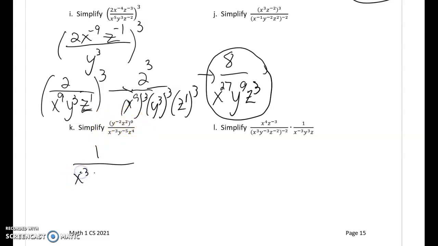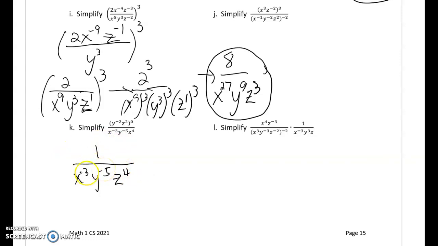So I'm just going to rewrite what's in the denominator. That zero exponent only affected stuff that was in the numerator. So we use that rule. We can't do the quotient rule, we don't need to. Just use the rule dealing with zero exponents. What we have left is a lot simpler to look at.